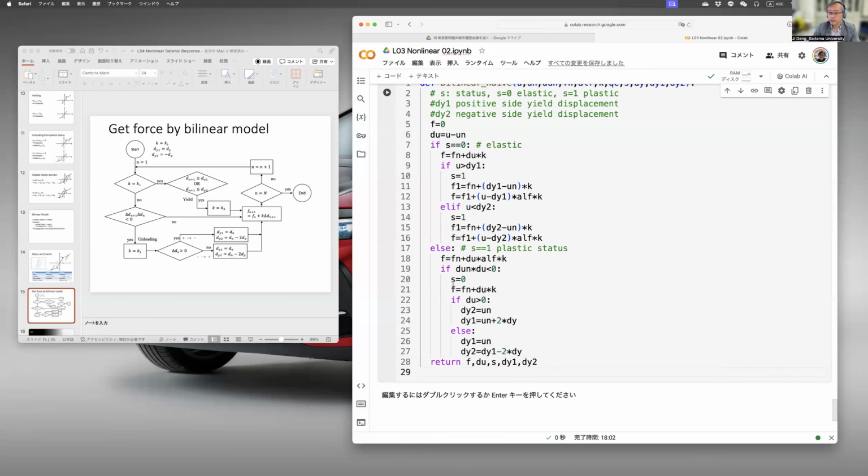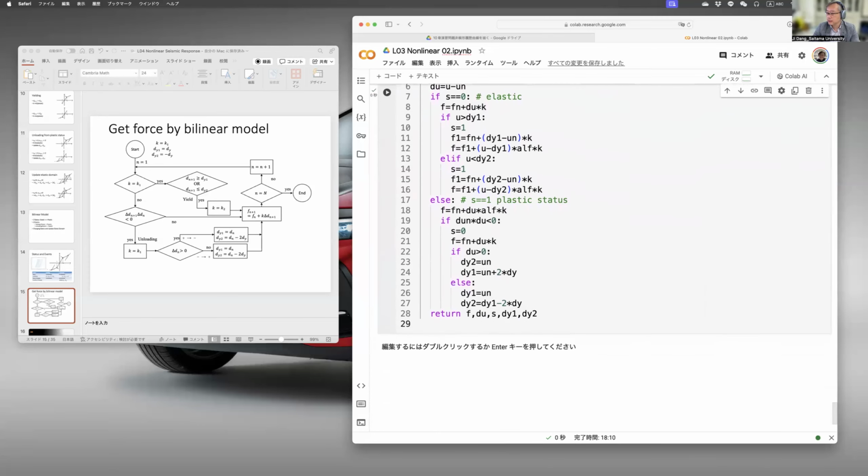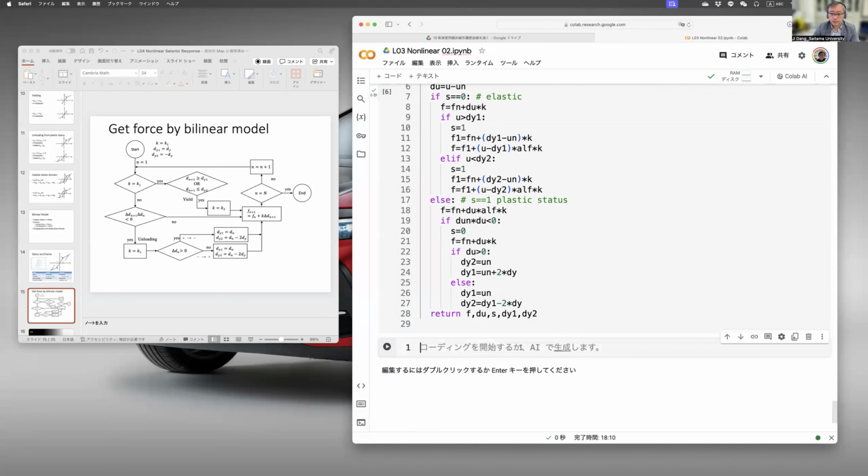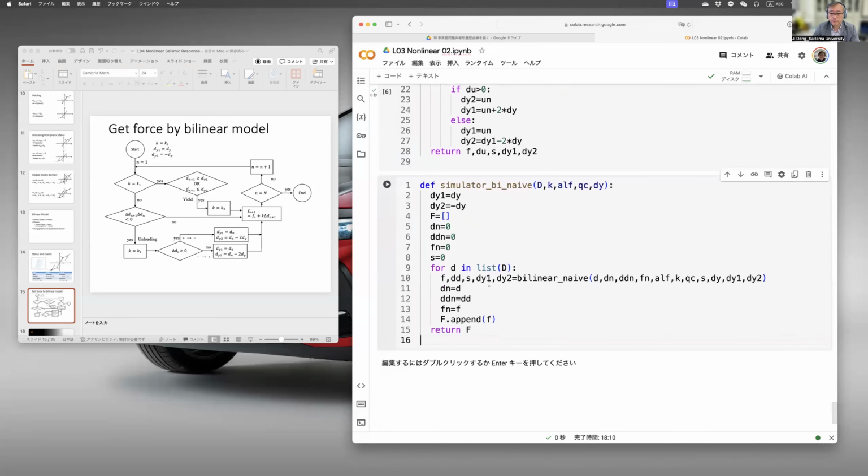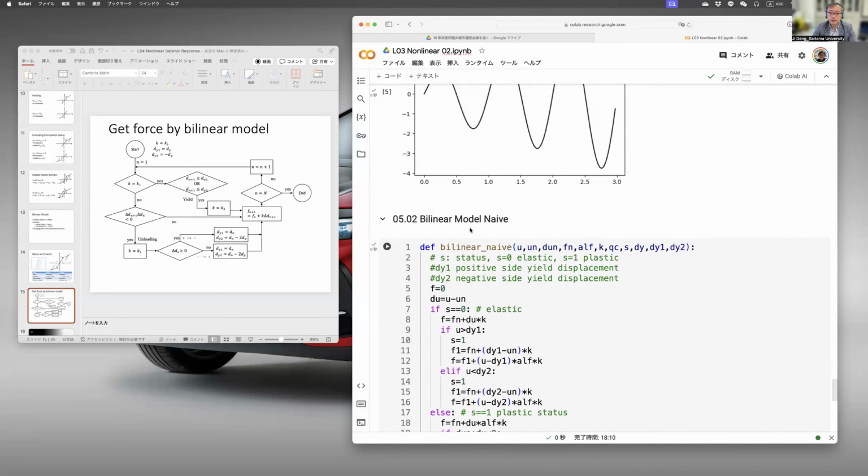Okay, so by doing this function, we should be able to do a simulator, which is a simulator function of bilinear naive, and we have the initial condition of dy1 equals dy, dy2 equals minus dy, and f is the list we're trying to get. D is the input value, which we generated from here.